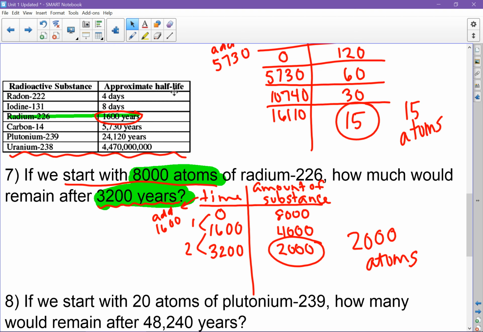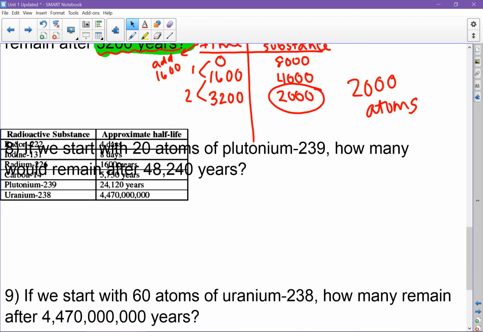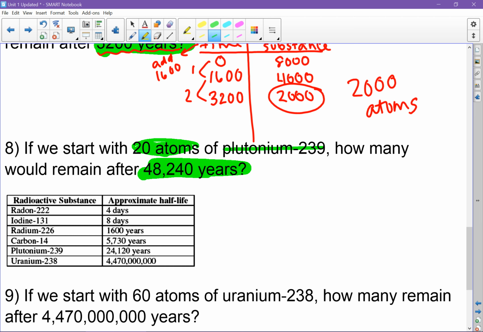Alright, let's look at the next question and get my chart. So if I look in here, here's an amount number, here's a time number, and because it says plutonium-239, if I go to my chart, this is the half-life that I'll need for that substance.